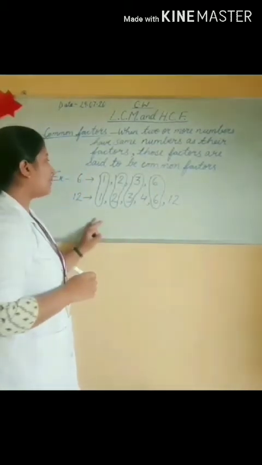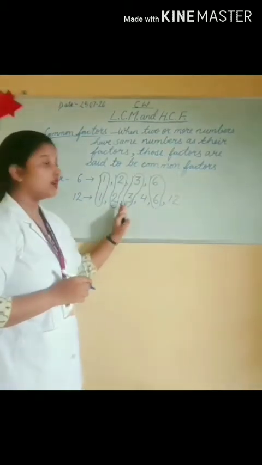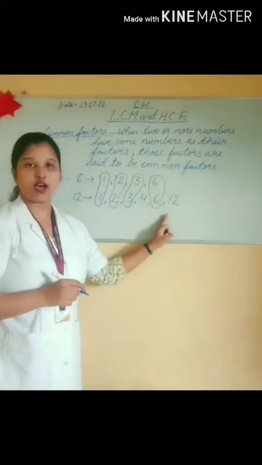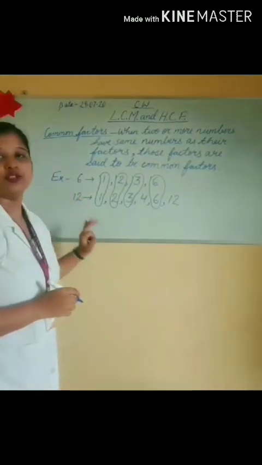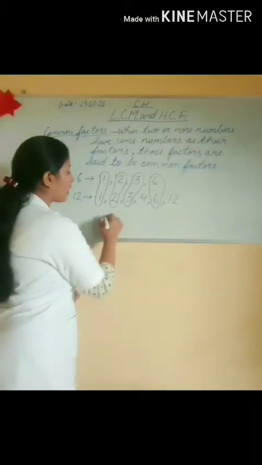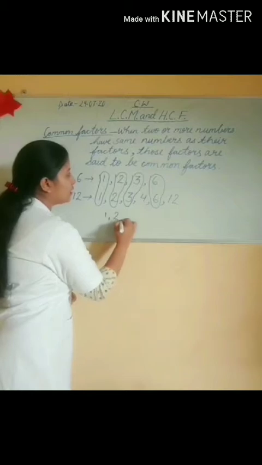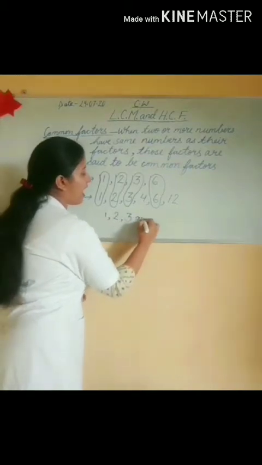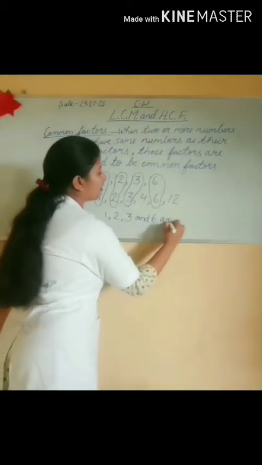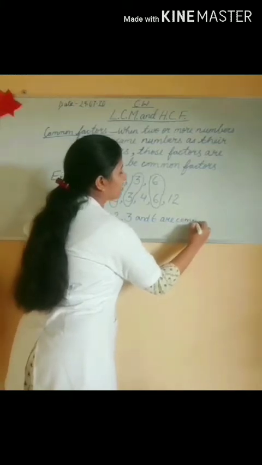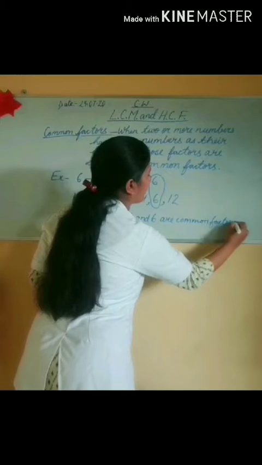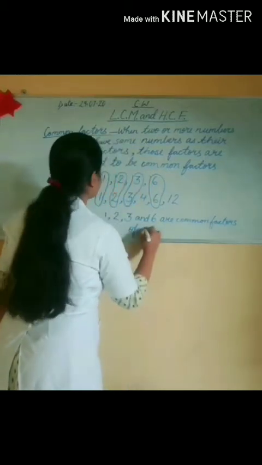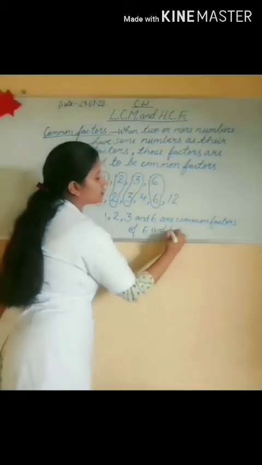So you can say 1, 2, 3 and 6 are common factors of 6 and 12.